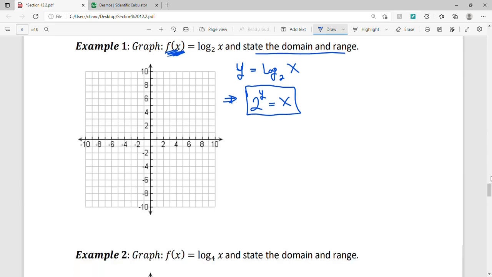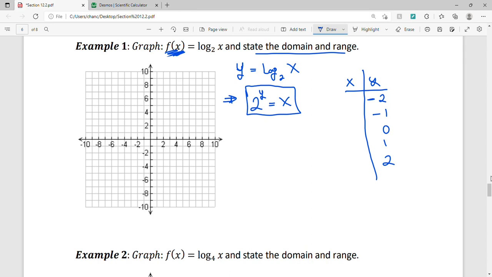So we'll create a table now. And I'll have x and y here, and I will actually pick values for y. If you plug in a value of y, you get x. If you plug in values for x, it's very difficult to solve for what y is. So we'll just plug in some numbers. Let's say -2, -1, 0, 1, and 2.